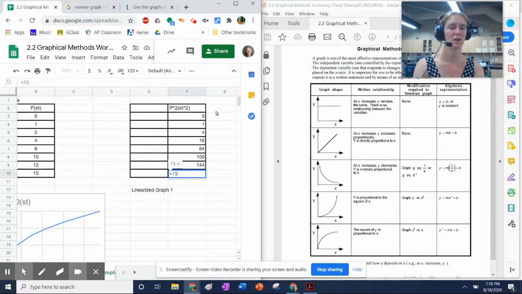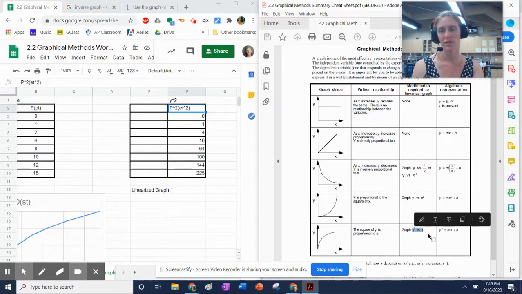I could also do it as 15 to the 2, which is also 15 squared. All right, so now I have my new column for y squared. So I'm going to just put here y squared so I remember that that's what I was doing. And then it says I need a graph that's y squared versus x.